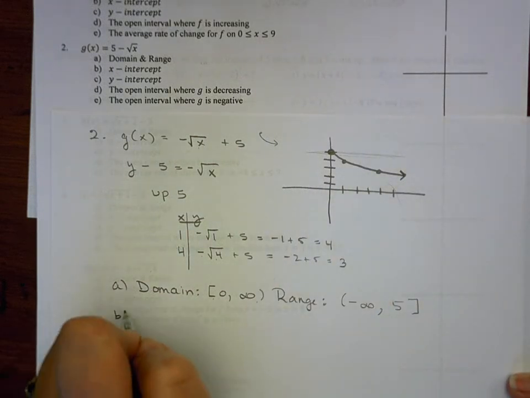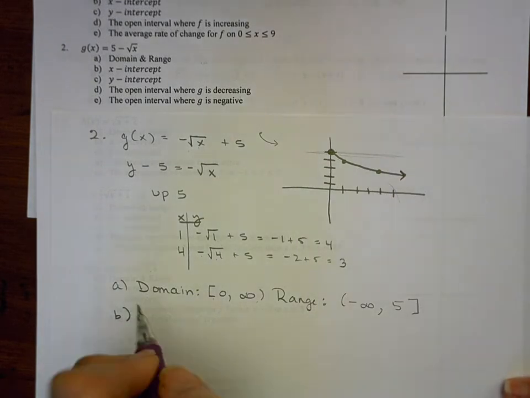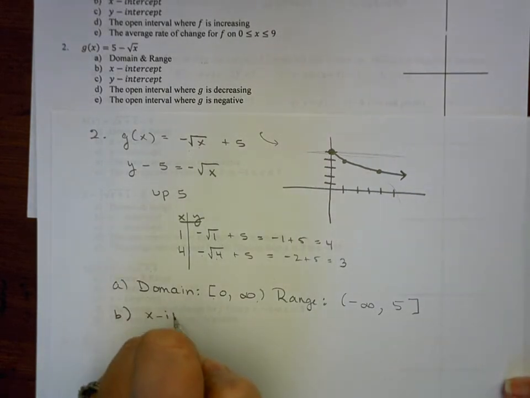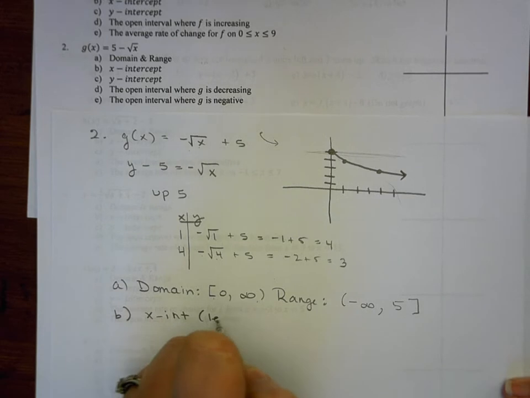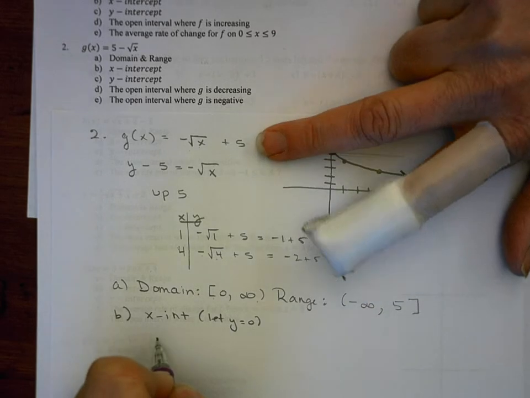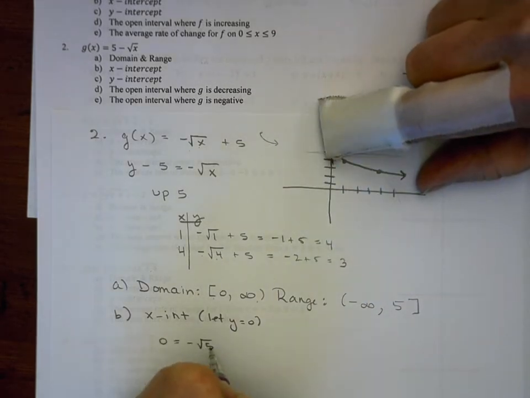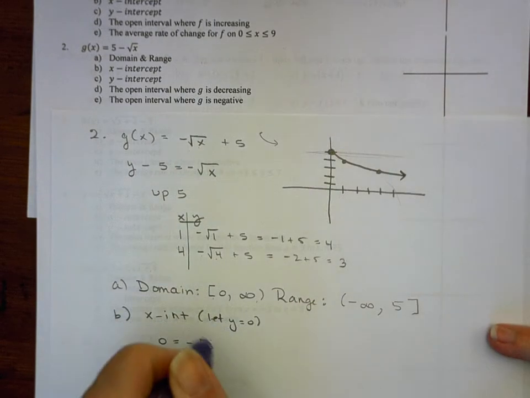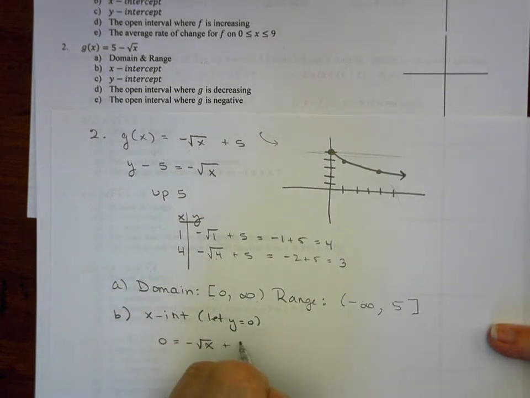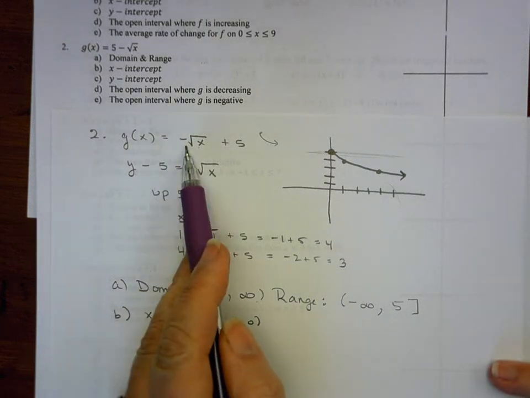For part B, I want to find my x-intercept. So where does it cross the x-axis? So if I want to solve for x, that means I let y equal 0. So 0 equals negative root x plus 5.